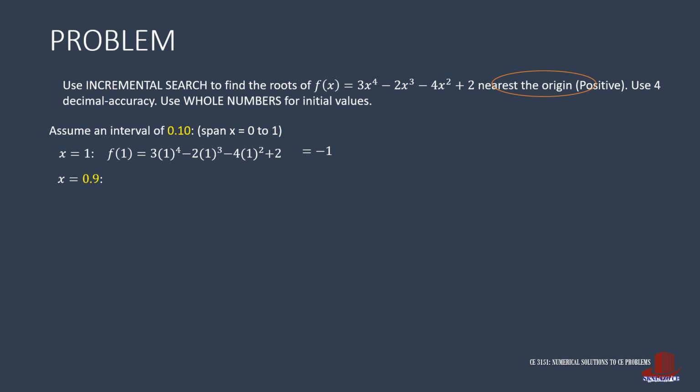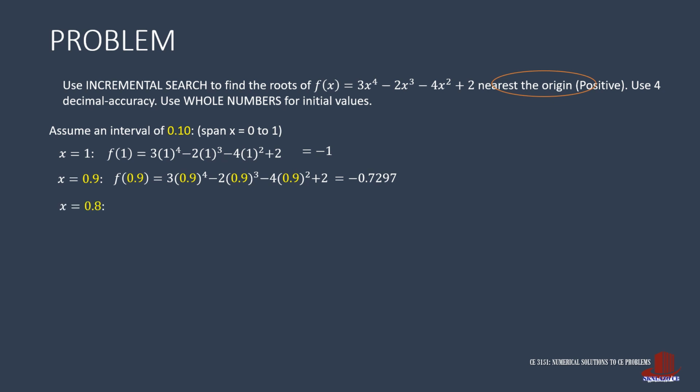We take x as 0.9, so the function becomes 3 times 0.9 raised to 4 minus 2 times 0.9 cubed minus 4 times 0.9 squared plus 2, which results to negative 0.7297. This result is still far from 0, so we keep on iterating.